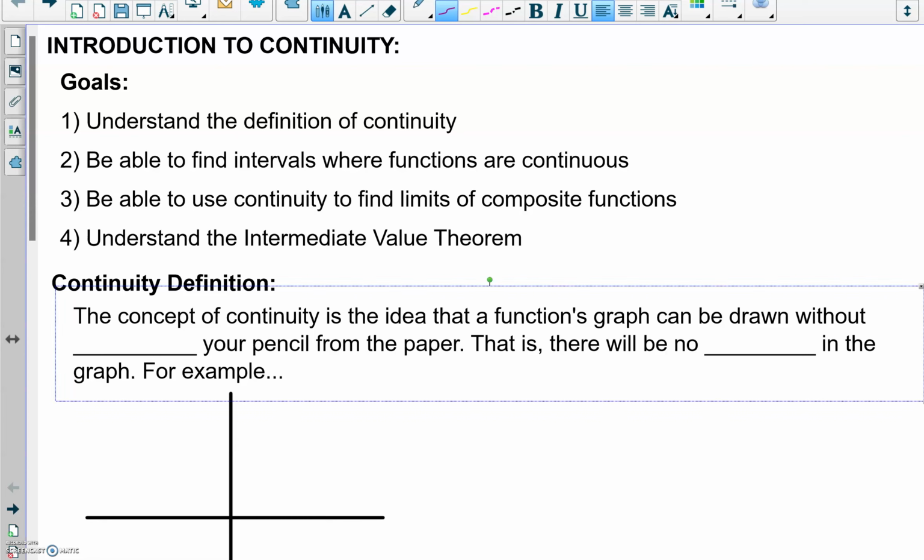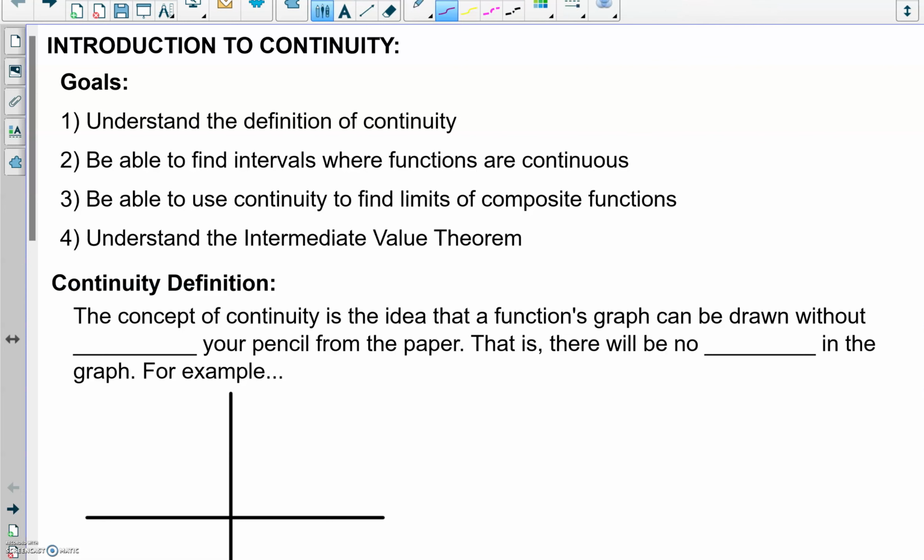So the continuity definition, basically the concept of continuity says that the function's graph can be drawn without lifting your pencil from the paper. That's maybe the layman way to think about it, but it works. If you can lift your pencil, then it's not continuous at that point. If you don't lift your pencil, then it's continuous.